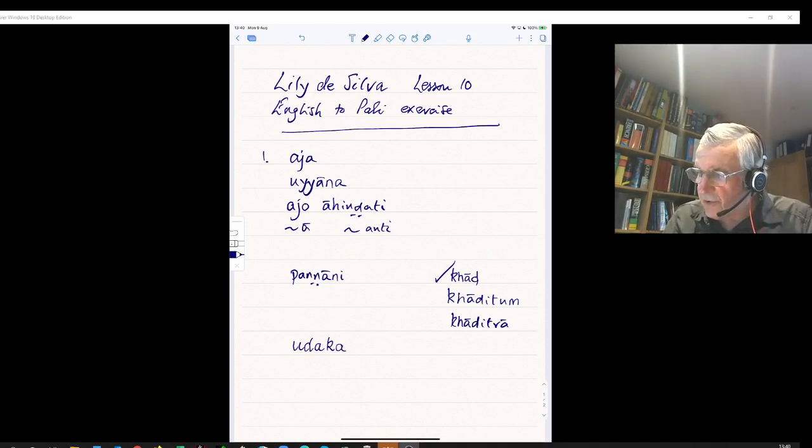And to drink, the root for to drink is just pa. There are two possible infinitives for this. One is the more Sanskrit form. Just add tum to the root as normal, so it becomes patum.